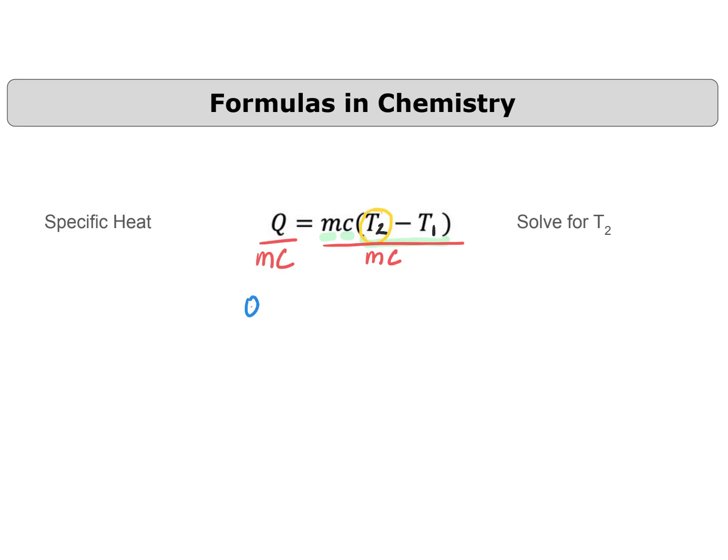Then we will have Q over MC is equal to T2 minus T1. Then we can add a T1 to both sides of the equal sign. On the right side, the minus T1 and plus T1 would cancel out, leaving us with T2 is equal to Q over M times C plus T1.